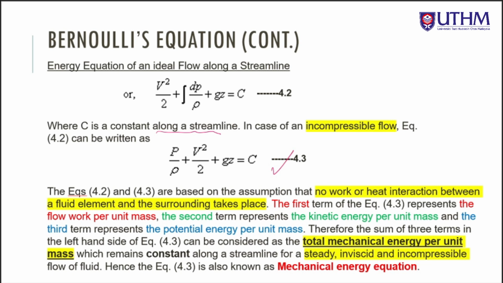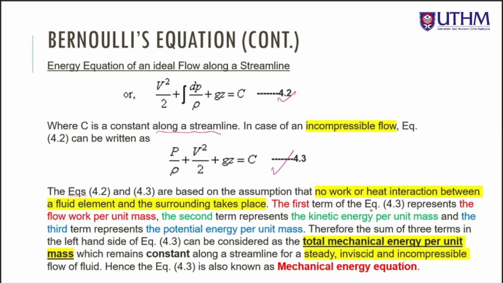Okay, so equations 4.2 and 4.3 are based on the assumption that no work or heat interaction between a fluid element and the surrounding takes place. So means that the flow macam tu je, dia tak ada additional heat ataupun work yang applied to the fluid flow surrounding. So it can be considered that the flow is natural.